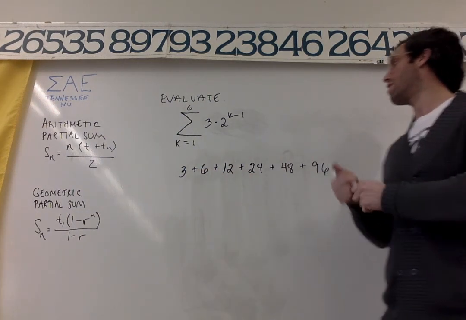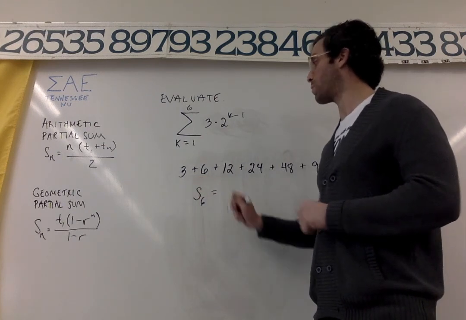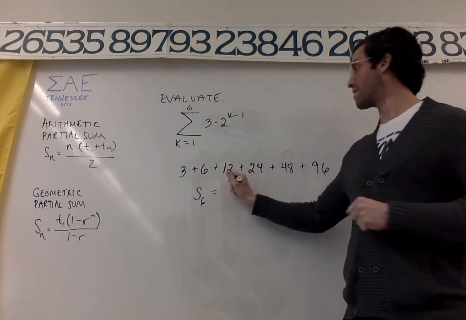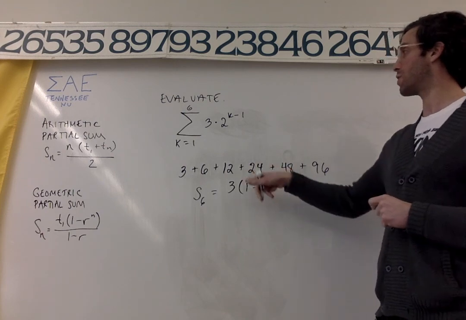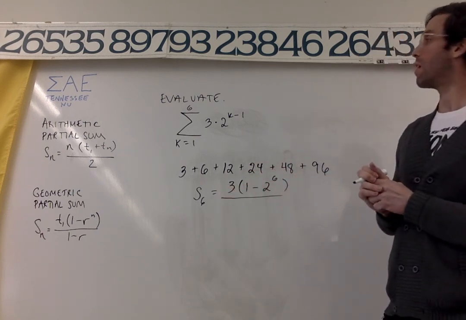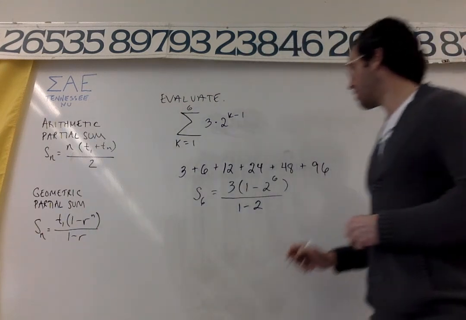Or alternatively, we can use the geometric partial sum formula, which we did do already last quarter, but I'm reminding you of it. It's t sub 1 times 1 minus r to the n, so in this case, 1 minus 2 to the 6th, all over 1 minus r, okay? That formula.